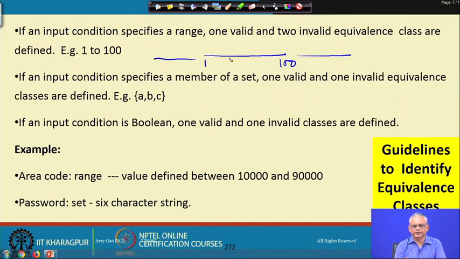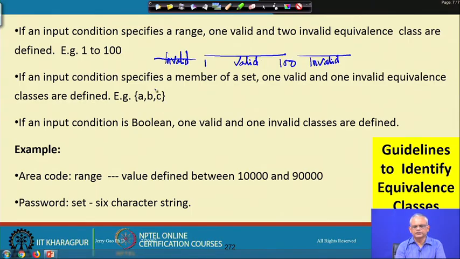So, we have one valid equivalence class, one invalid equivalence class which contains values less than the minimum value that is acceptable, and one which has values higher than the highest value that is acceptable. So, there are two invalid equivalence classes and one valid equivalence class.